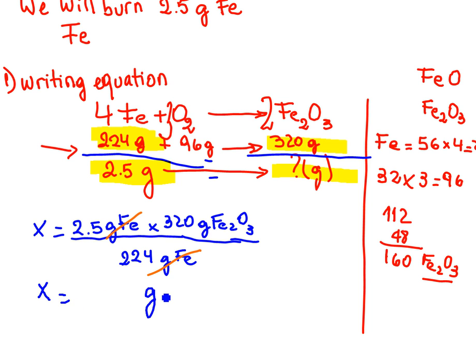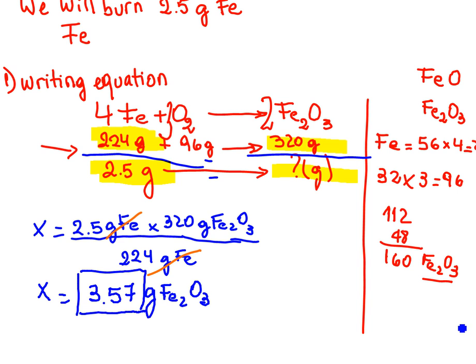Can somebody do that for me? Iron 2, oxygen 3. Or you do the math and you put it here, okay? Now, 3.57? Oh my, 57. Okay, yes?